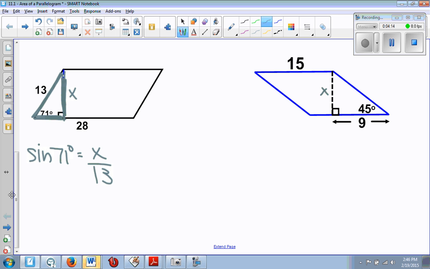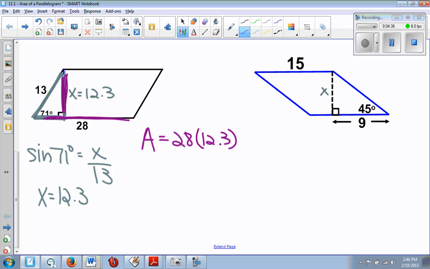So if I do 13 sine of 71, we end up with an answer of 12.3. That means that this height in here is 12.3. So if I want to find the area of the parallelogram, the base is 28, the height is the length we just found. So I have an area of 28 times 12.3.